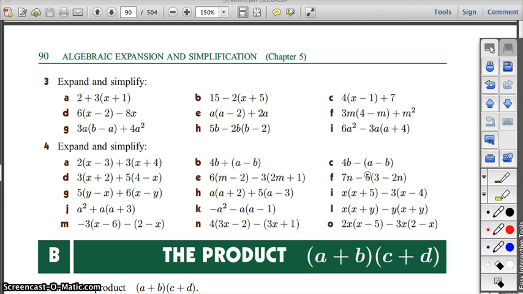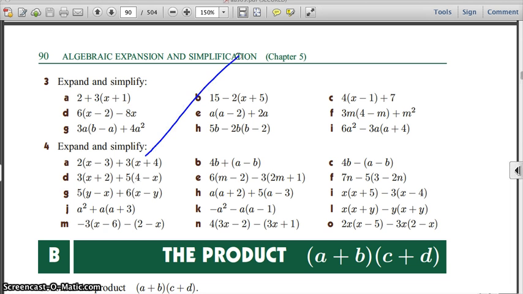I'll pick one from down here now. Okay, I might pick that first one. 2x take 3 plus 3x plus 4. And maybe what I suggest is you just, again, separate them. Imagine this isn't here and just do that on its own, which might help you.